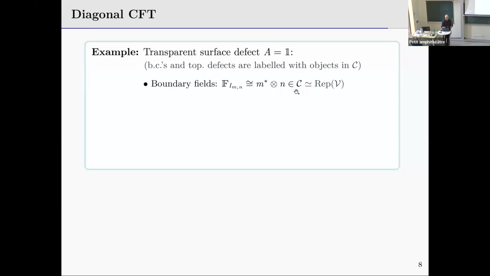And if we come from the representation theory of a VOA, then this will be some infinite dimensional vector space on which the VOA acts. And in this case, this would be boundary changing fields, changing a boundary condition M to a boundary condition N, or rather, not really boundary changing fields, but boundary changing field insertions.